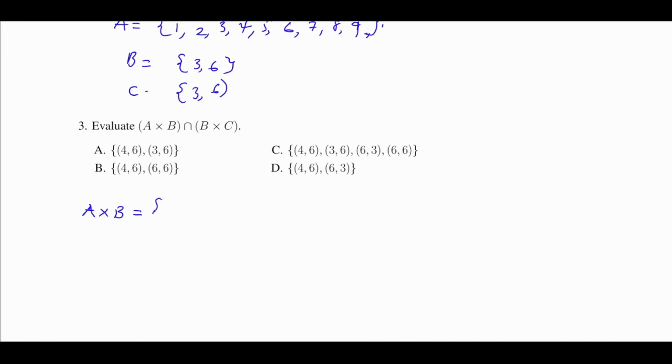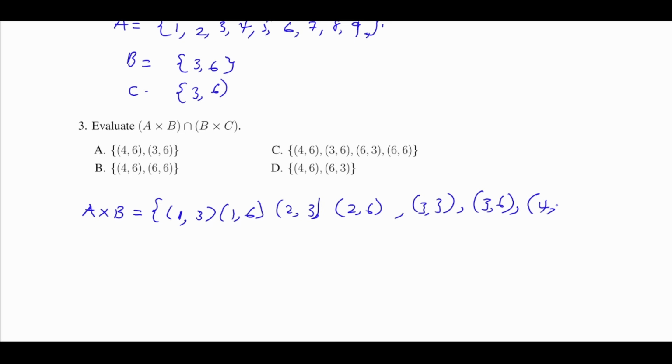We are going to have 1, 3, we have 1, 6, we have 2, 3, and we have 2, 6, then we have 3, 3, then we have 3, 6, we have 4, 3, then we have 4, 6, then we have 5, 3, then we have 5, 6, then we have 6, 3, we have 6, 6.